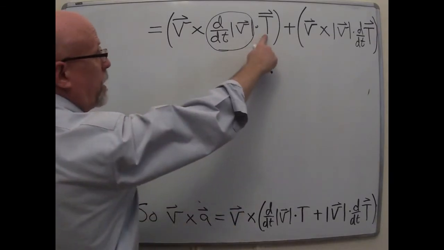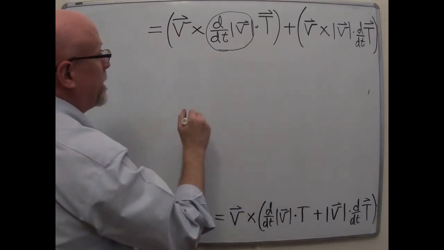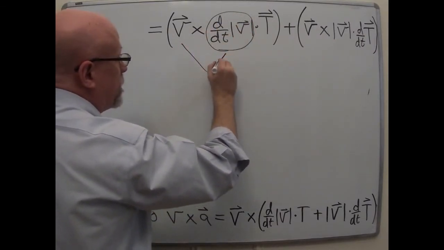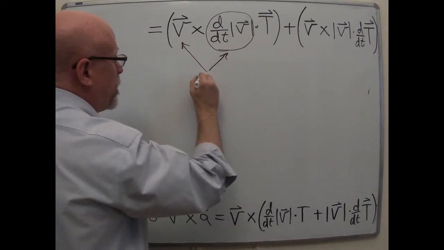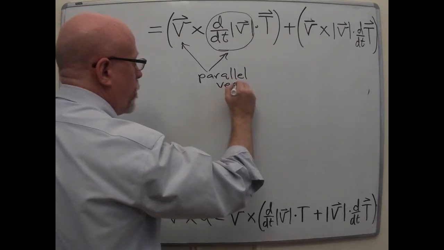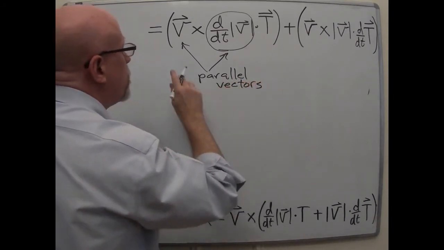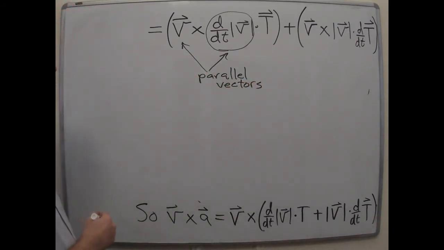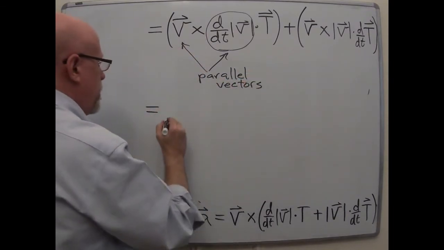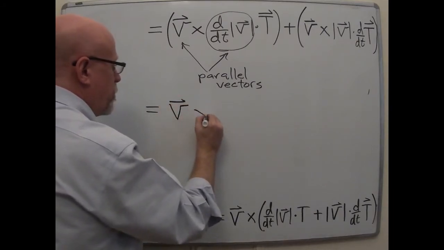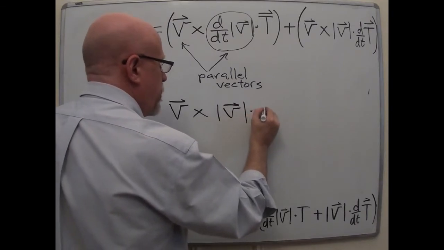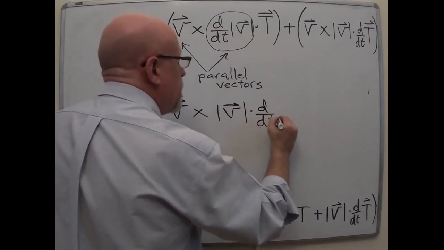So this is a length 1 vector that points in the same direction as that guy does. And we're going to scale it by something, but the real point here is that these two things are parallel. They point in the same direction. So what happens when you take the cross product of two vectors that are parallel? You get a zero vector. So this whole thing simplifies to just the second bit. It's v crossed with the speed times the time derivative of the tangent.